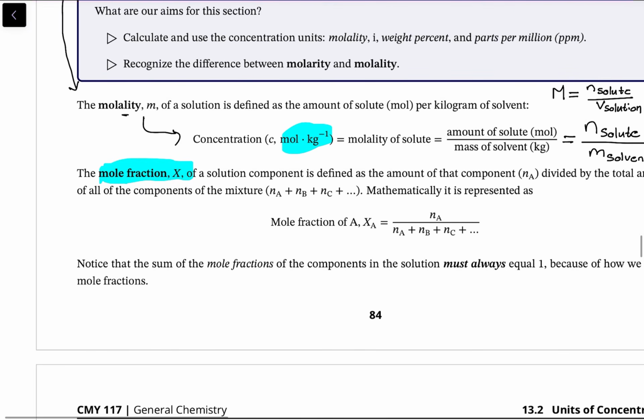Now, what do I mean by that? Consider you have a little flask here, and I'm going to try and draw it quantitatively.